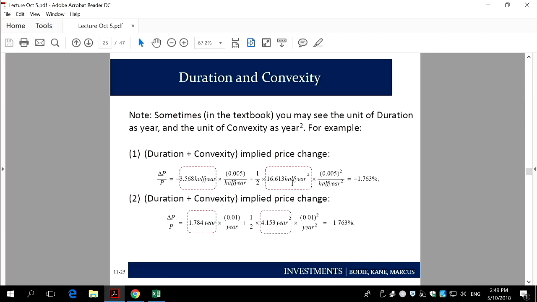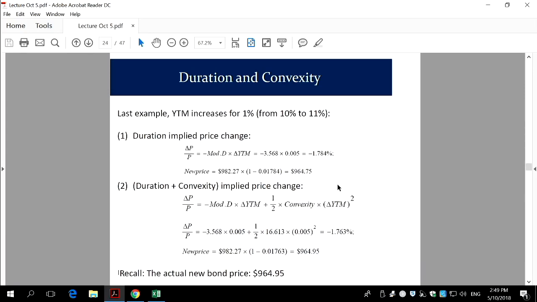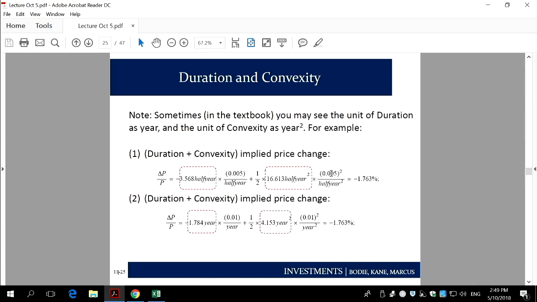But you don't have to pay attention because this half year squared just cancels out. Why do you have half year squared here? Because yield to maturity has a unit like this, you have a number, but every half year. So this half year squared just cancels out, just like the half year cancels out.